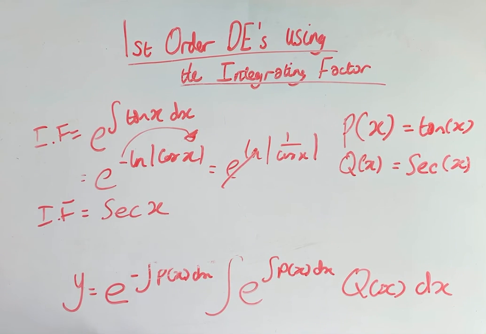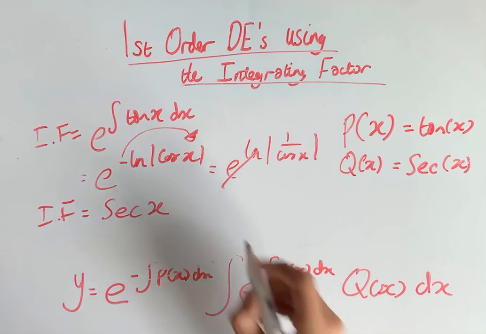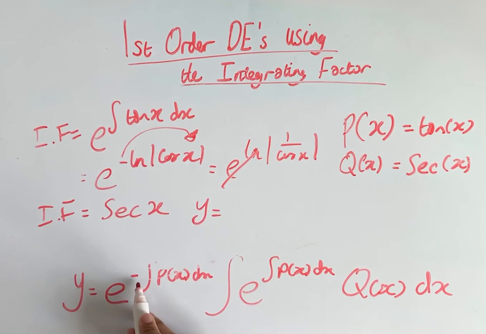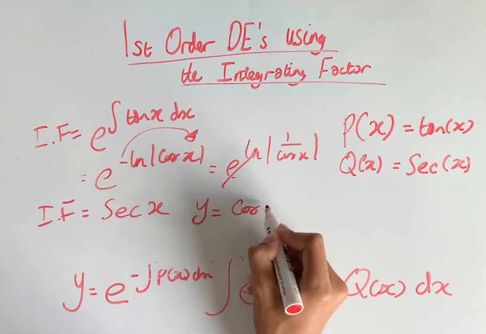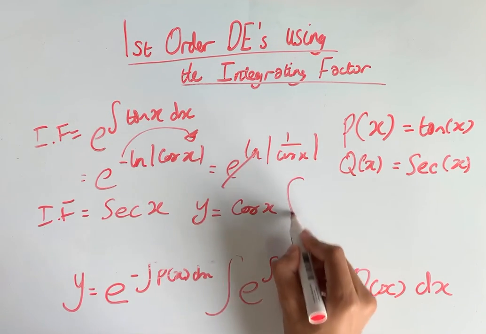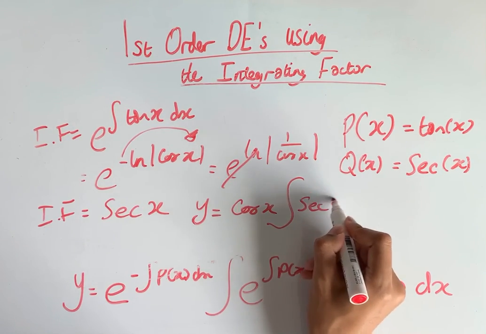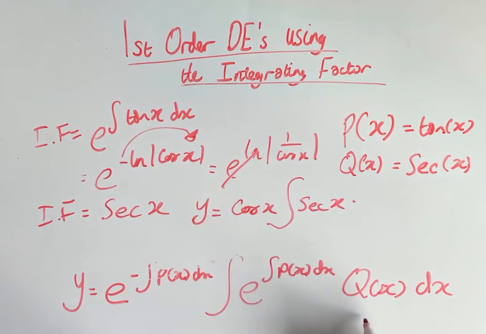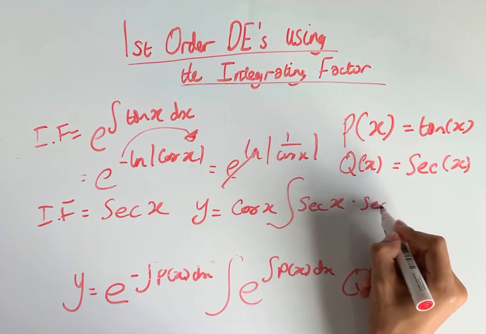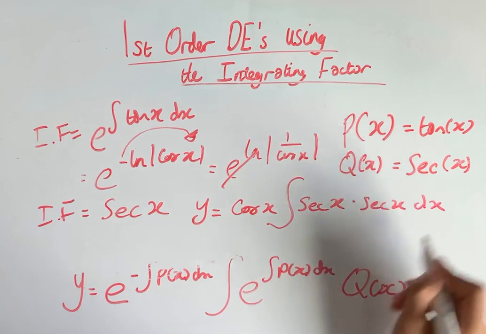So now we have y equals e to the minus that, or in other words, 1 over the integrating factor. 1 over the integrating factor is just cos x. And then multiply that by the integral of the integrating factor, which is sec x, multiplied by q(x), which is also sec x, dx.